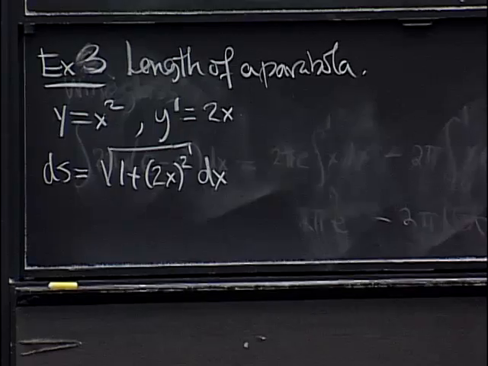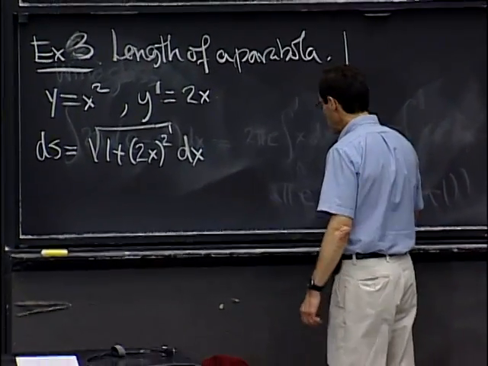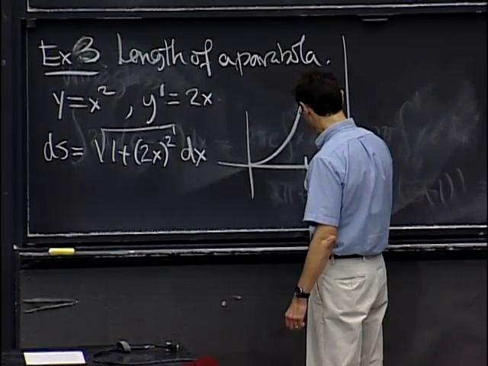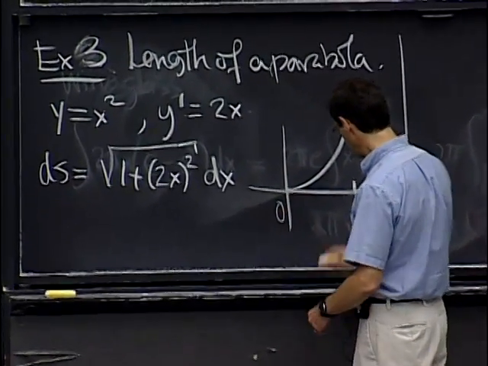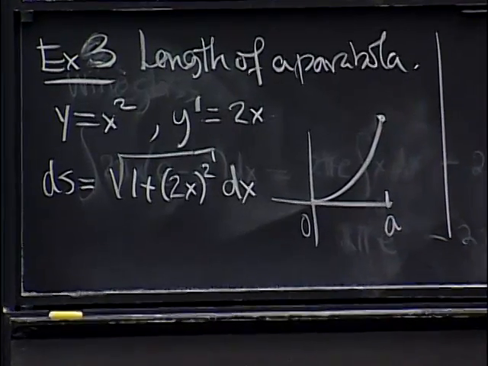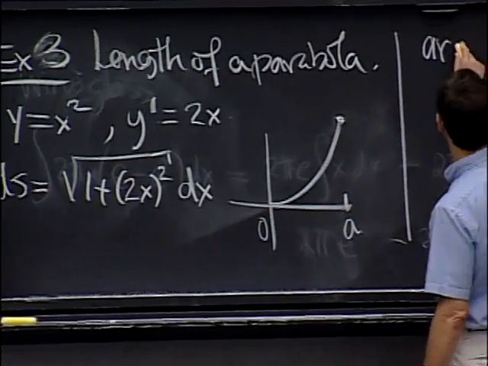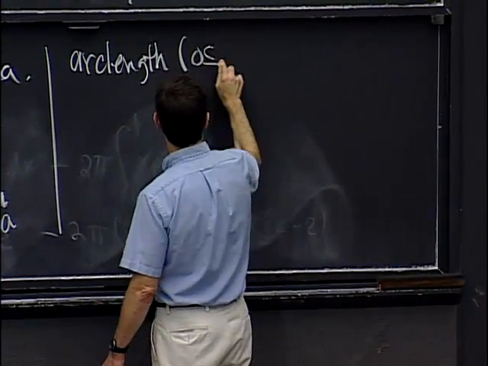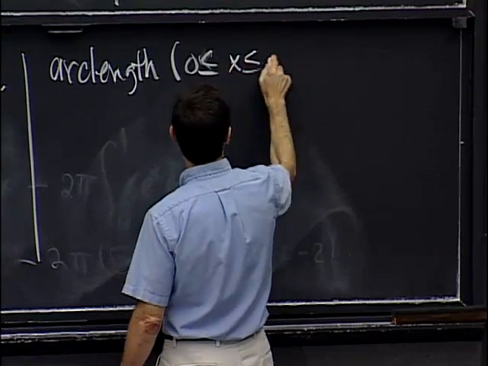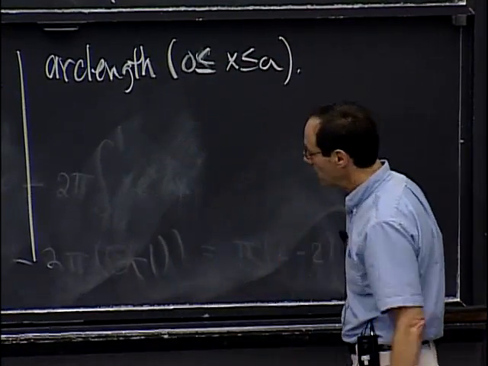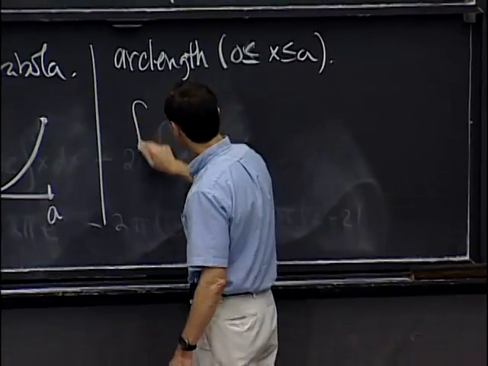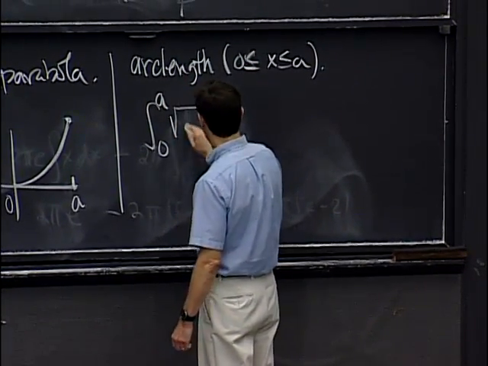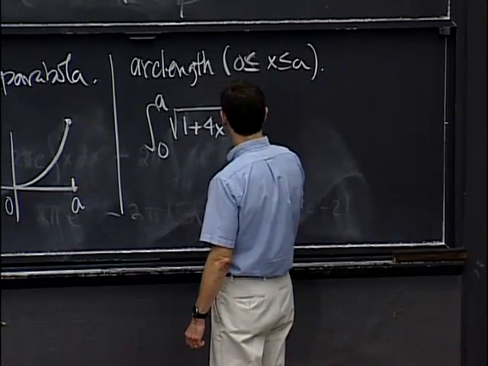And now I can figure out what a piece of a parabola is. So I'll draw the piece of parabola up to a, let's say, starting from 0. So that's the chunk. And then its arc length between 0 and a of this curve is the integral from 0 to a of the square root of 1 plus 4x squared dx.